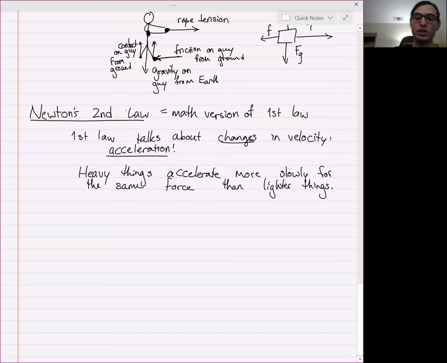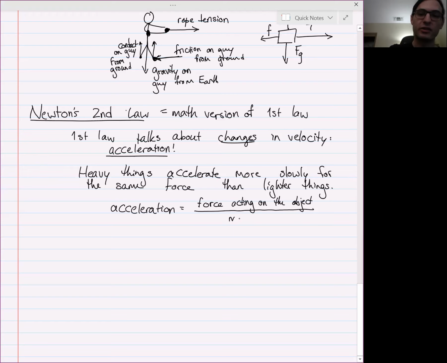Just by using that intuition, he concluded that the acceleration should be equal to the force acting on the object divided by the mass of the object. So if the mass goes up, the acceleration goes down, even if you have the same force. And we know that the force should be in the same direction as the acceleration. They're both vectors. So this is a sensible first guess.